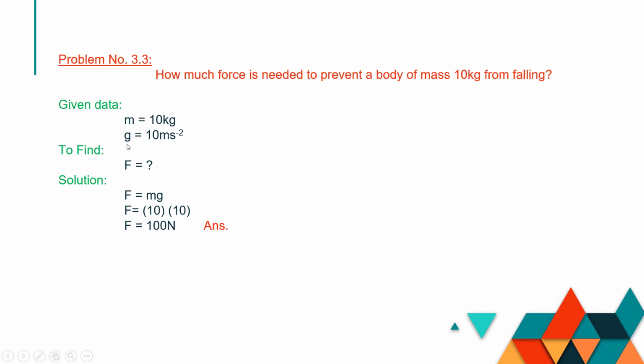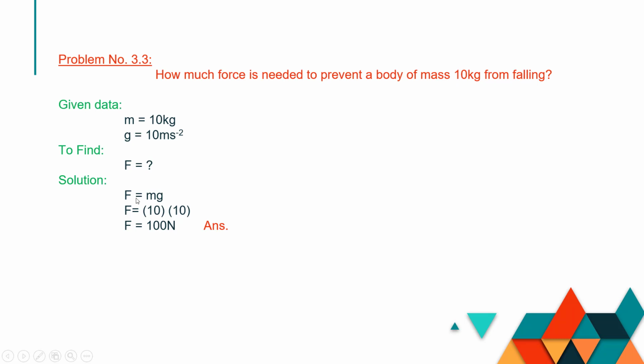Next, we already know the value of g, which is equal to 10 meter per second square, and we have to find out force. So solution is F, which is equal to mg, where g is the gravitational acceleration.